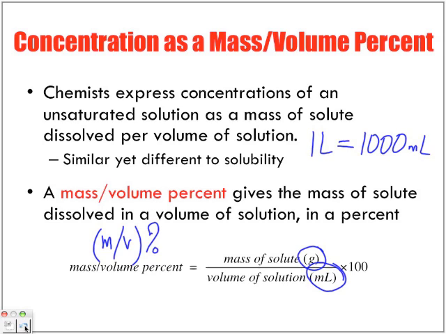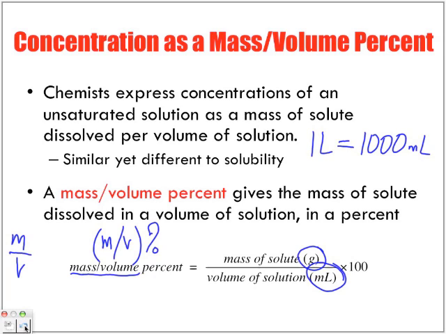Now, there's another possibility. This is the method I personally prefer. Remember in stoichiometry we were looking at ratios. So the mass per volume ratio we can write as a fraction, mass over volume. To get percent, what do we always do with our number?